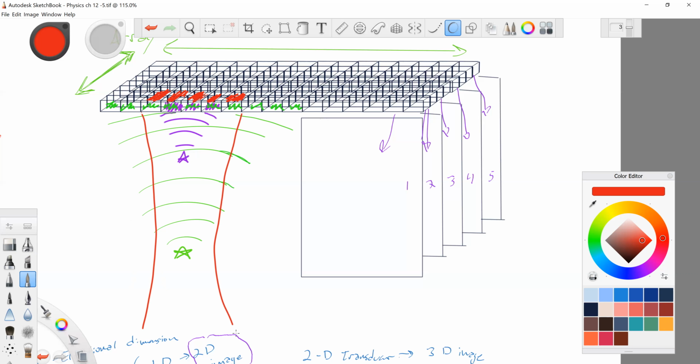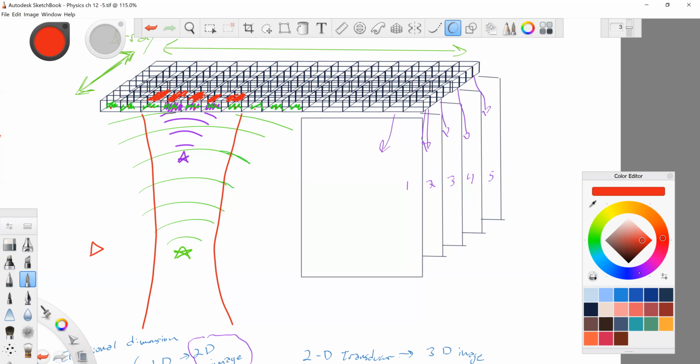So you had 1, 2, 3, 4, 5 elements create a pulse of sound for a focus of that depth, which happens to have a star in it. When that creates an echo that comes back, that echo in turn spreads out, and it ends up using 1, 2, 3, 4, 5, 6, 7, 8, 9, 10 elements.